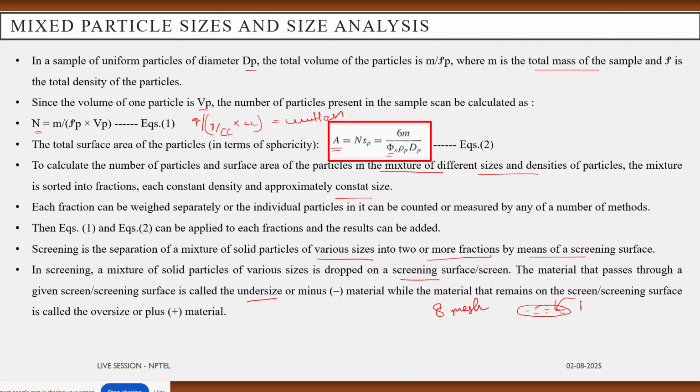When you feed some solid material, some solid will pass through the screen. What passes through is known as undersize, denoted as -8, and the oversize remains and is denoted as +8. This is how we denote results when we do the screening analysis.